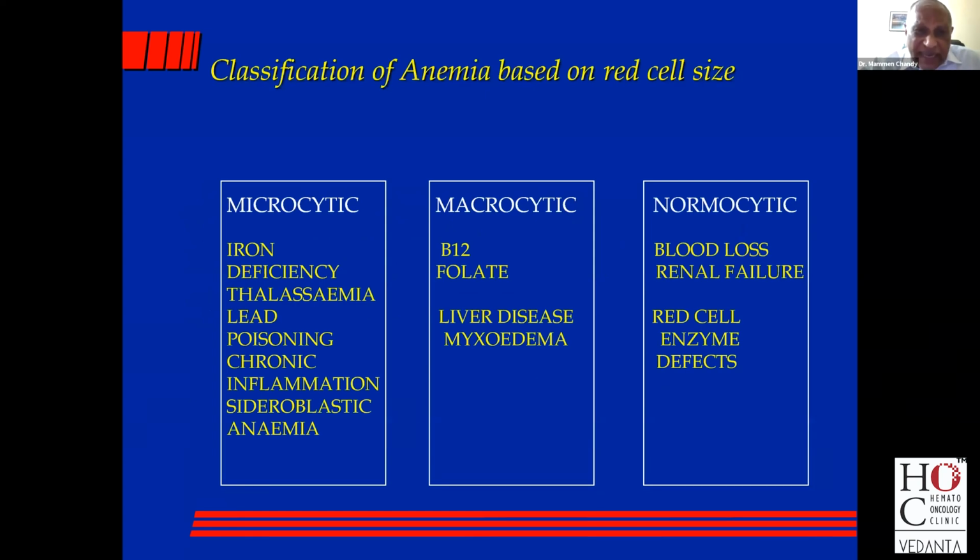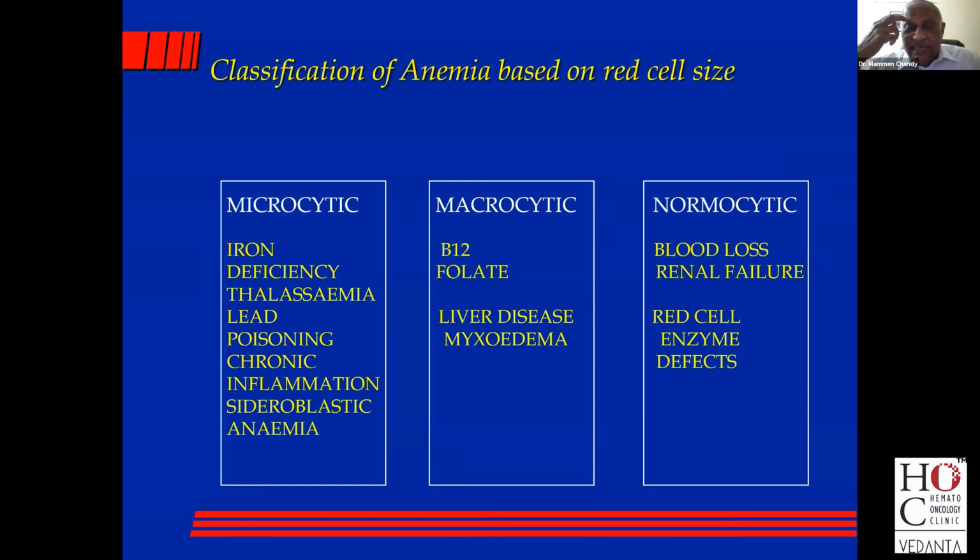Now, the two main causes of a microcytic anemia are iron deficiency and thalassemia. The rest of the causes, like lead poisoning, chronic inflammation, sideroblastic anemia, are not common. The main cause of a macrocytic anemia is B12 and folate deficiency.